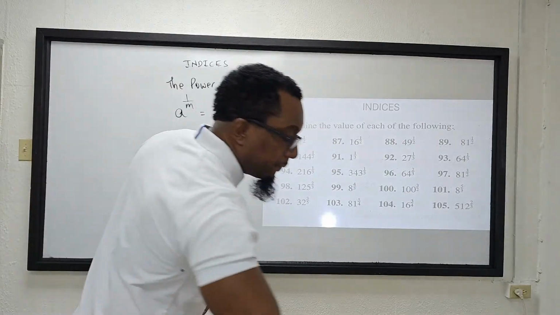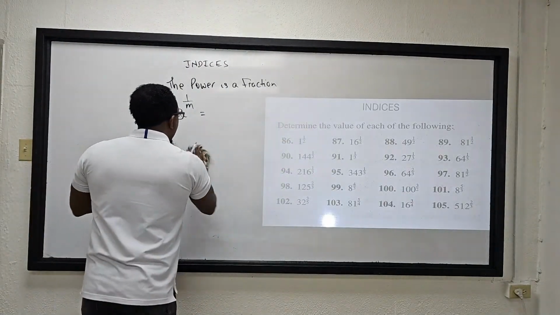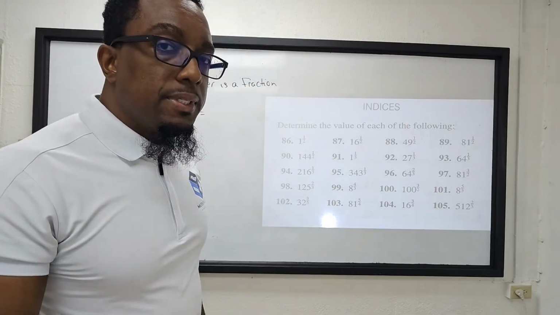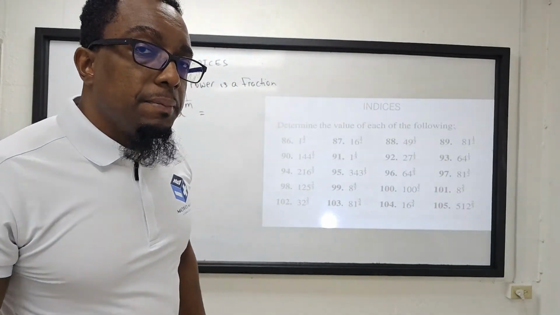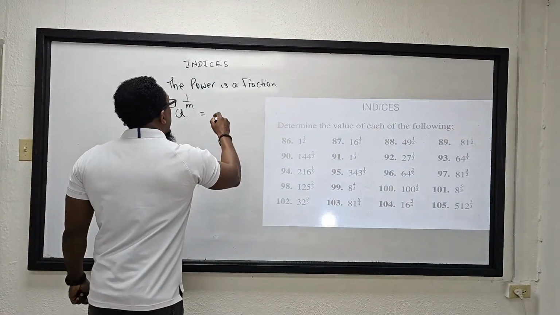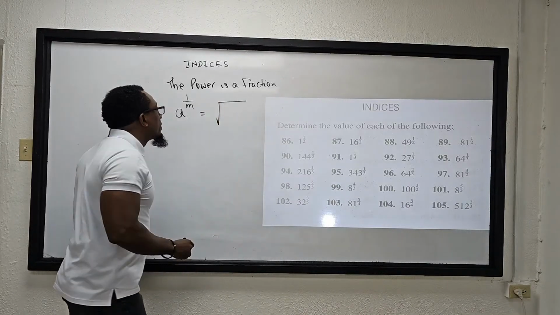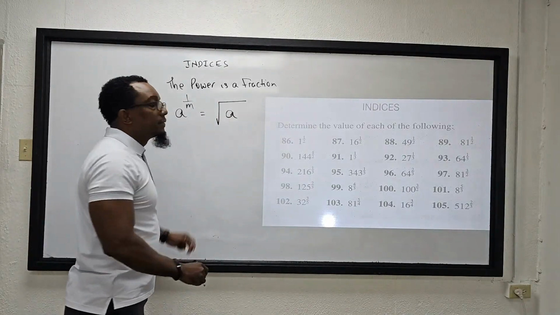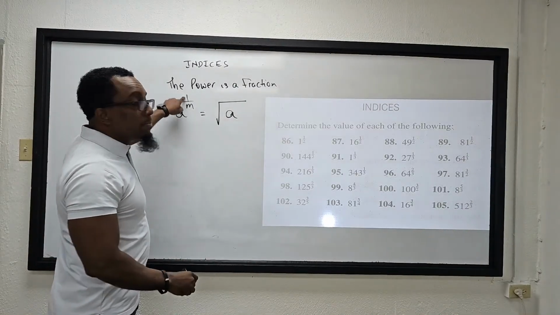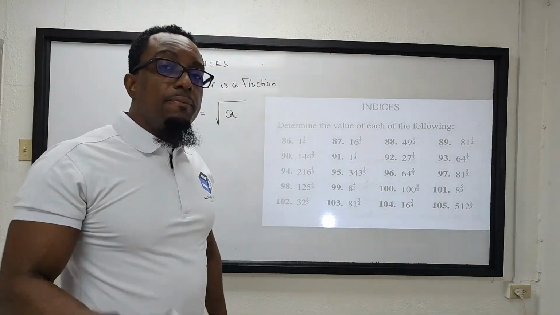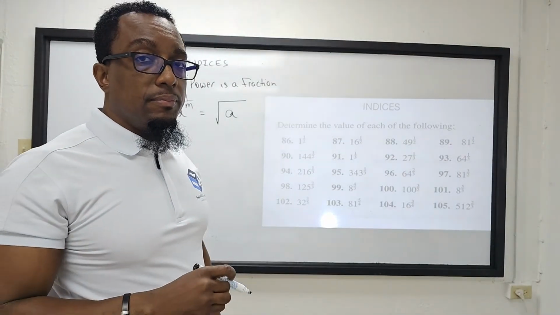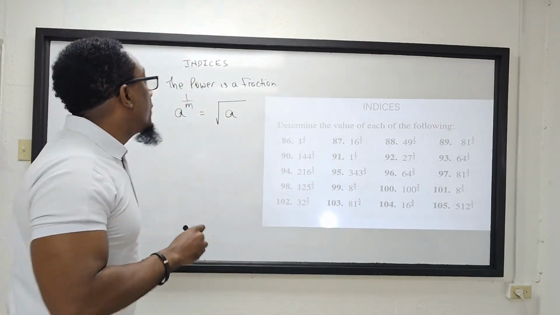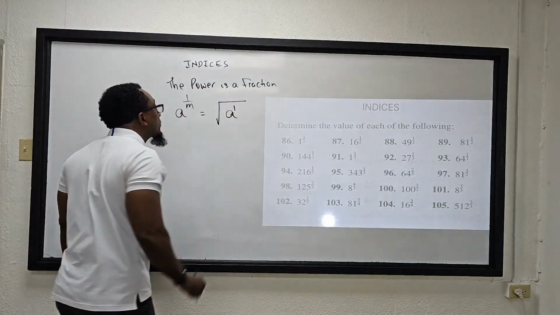So, if we have a to the power of 1 over m, note that the root symbol will come into play. This is what I do. I put my root symbol, a the base will be placed under the root symbol. 1 the numerator of the fraction, which is your power, becomes the power of a.